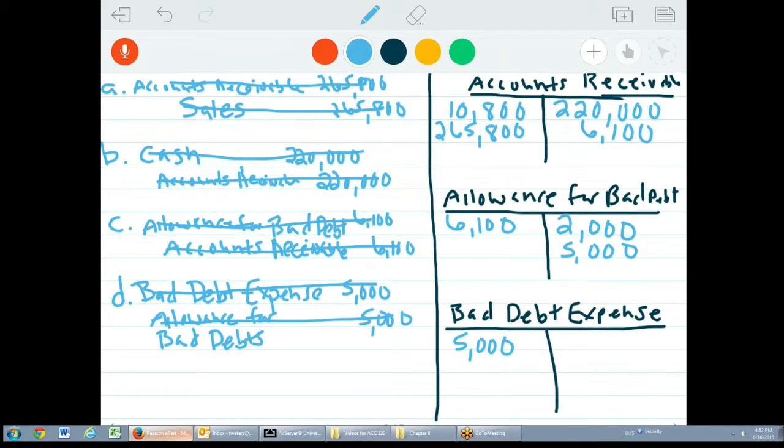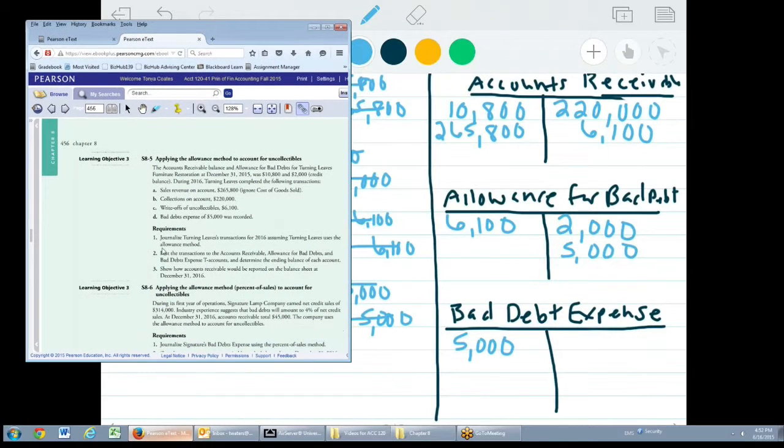So that is requirement 2 that we had, which said post the transactions to the accounts receivable and all the T accounts that we had opened. We need to determine the ending balance of each account, so let's do that real quick. On accounts receivable, we have 2 debits, $10,800 and $265.8. And then we would subtract our credits of $220,000 and $6,100.